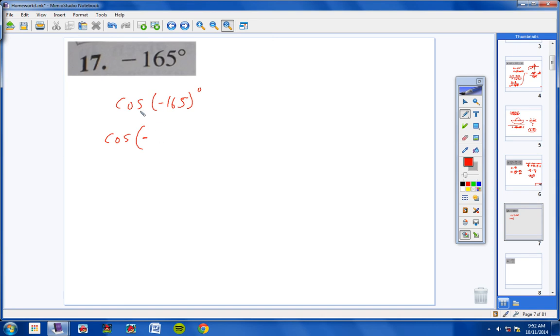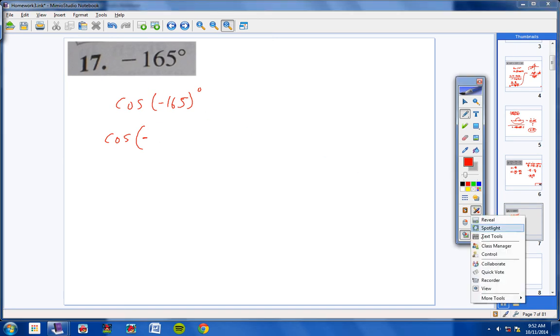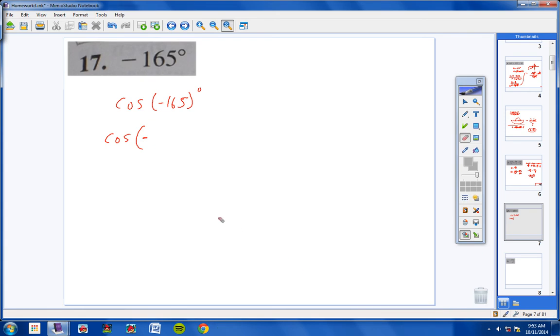Let me think about this for a second. Okay, students, I'm back here, and I've been looking this over. I think the easiest way to do this, students, would be to do this. It's okay to use negative 165, and the back of the book does it differently than how I'm going to do it. But I'll be honest with you, I think using a negative angle here is going to be really tough to do.